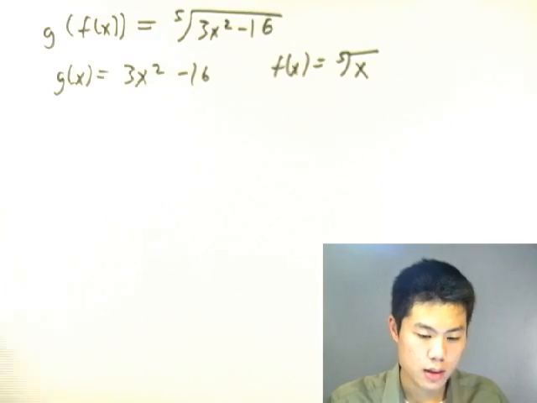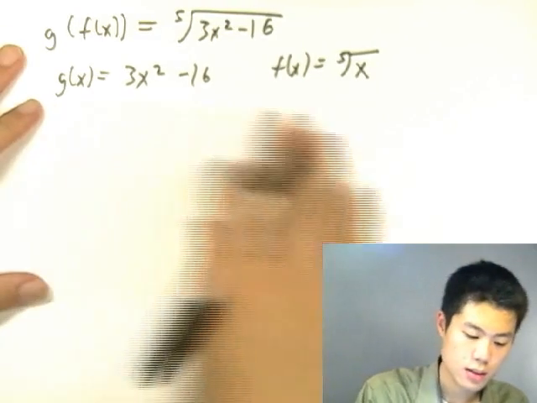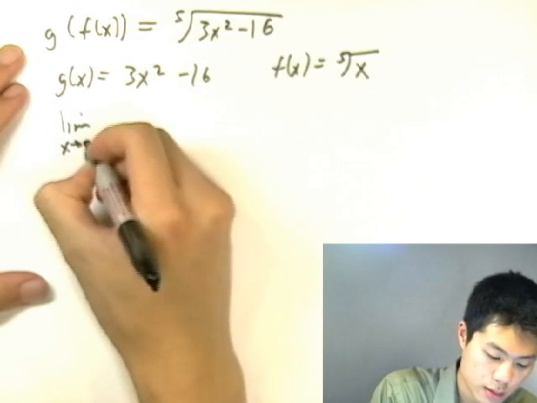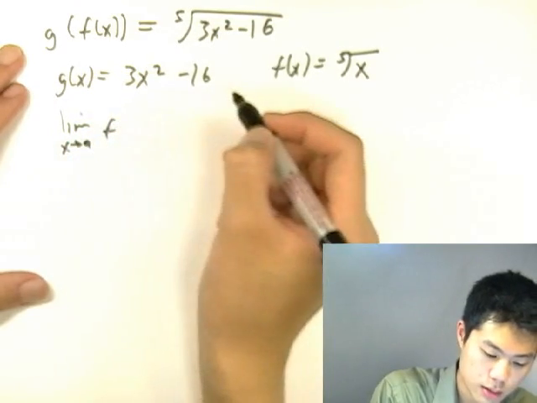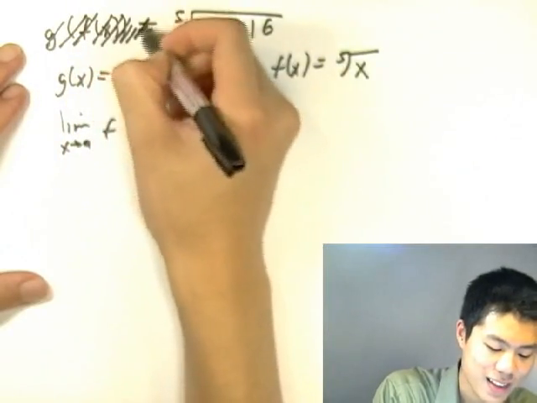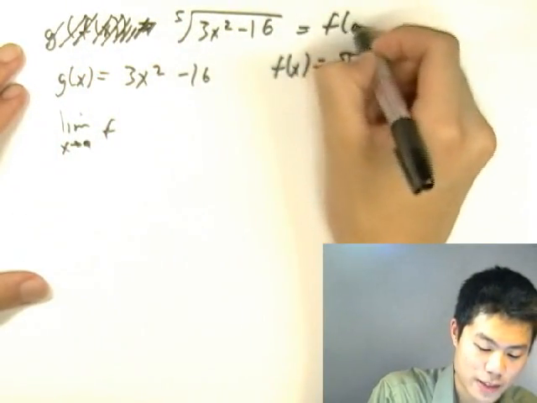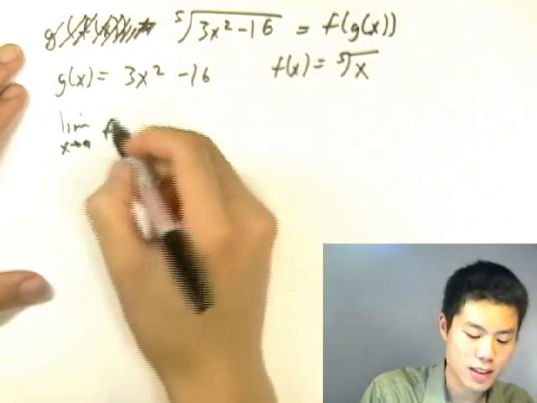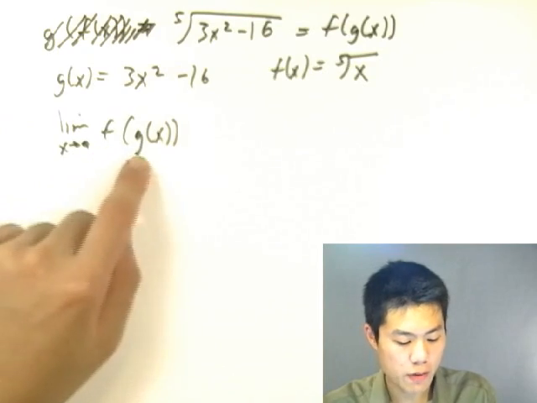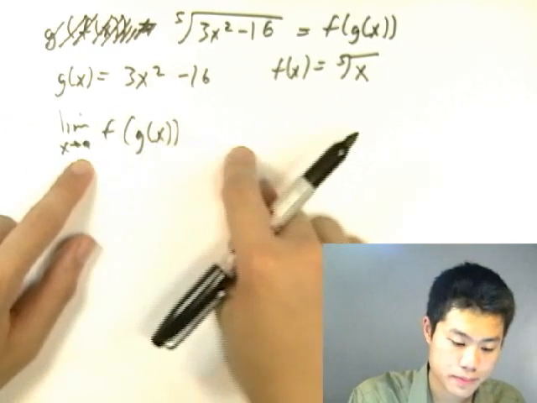And the question that we have is, what is the limit of, you know what? I messed up again. F is on the outside. Okay, so what is the limit of f of g of x as x approaches 4?